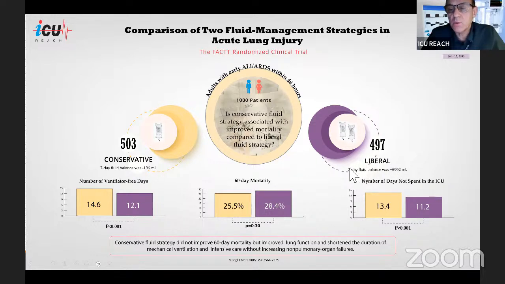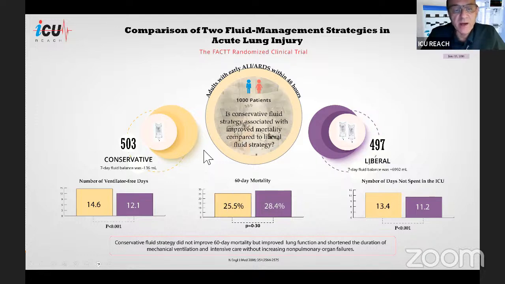In the liberal group, we have a 7-day fluid balance around 7 liters. Well, if we do this, we're going to improve length of stay on the ventilator. Those patients were extubated earlier. However, 60-day mortality was not different.